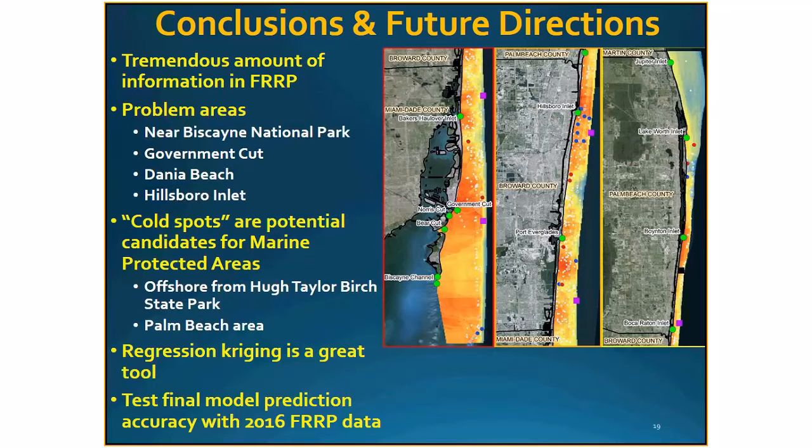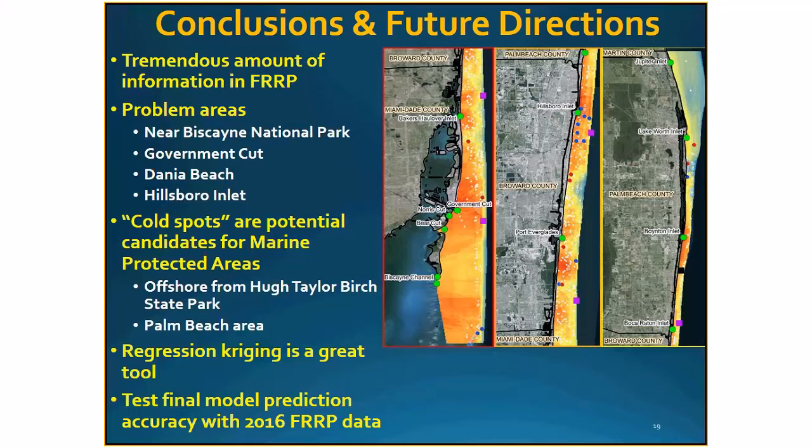Again, I wanted to also reiterate that regression kriging is a great tool because it combines describing the aspatial variation of the data with the spatial variation all in one model. I mentioned they haven't released last year's data yet. We've been talking a lot about 2016 in a lot of these presentations today.